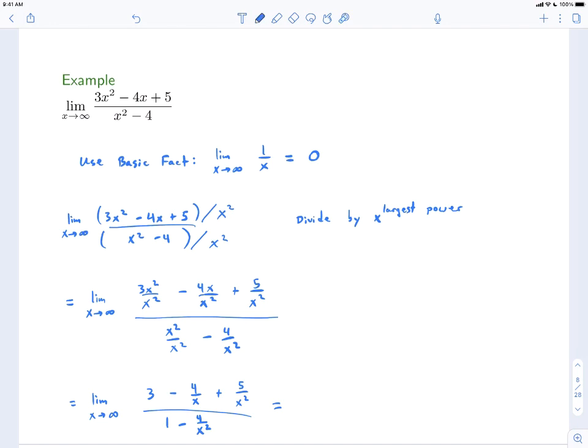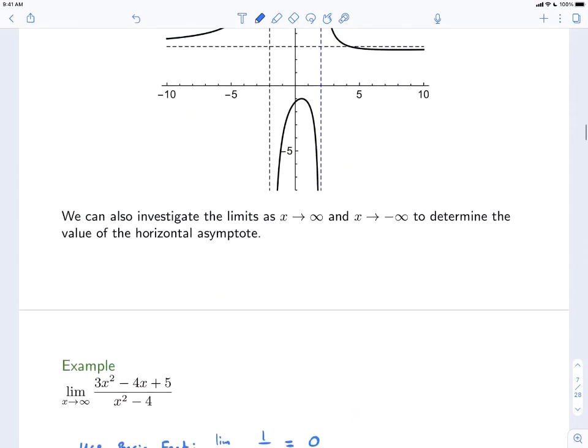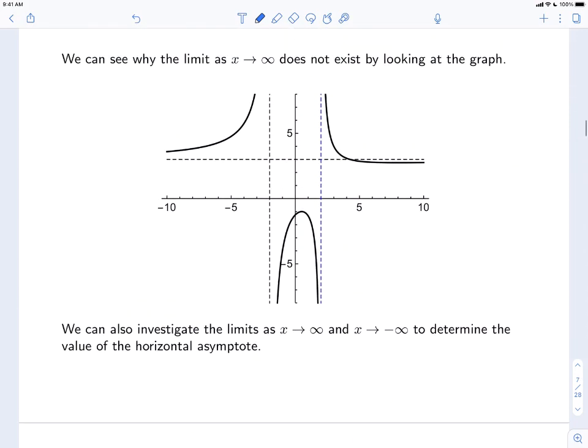So we end up with 3 minus 0 plus 0 over 1 minus 0, which of course is 3. So that tells us that the horizontal asymptote is y equals 3. And if we go back to our graph on the previous slide, we can see that this horizontal asymptote is y equals 3.